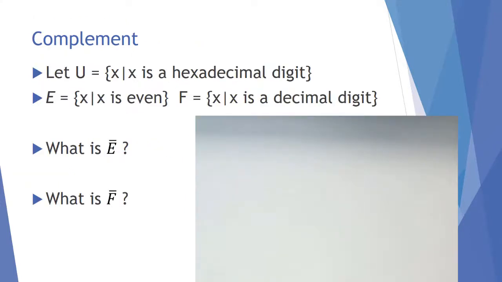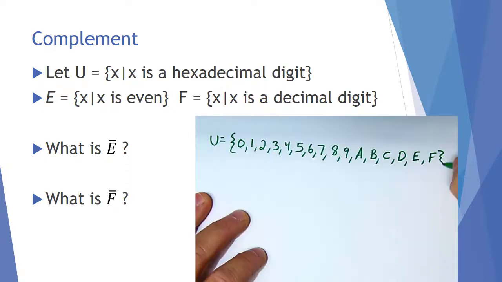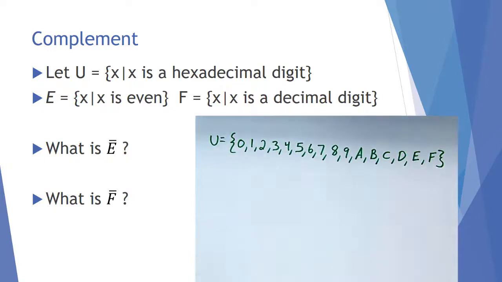Okay, let's look at another example. Let's suppose that the universe of elements are all values x such that x is a hexadecimal digit. That's going to be the numbers 0 through 9 and A through F. Okay, so we wouldn't have to list all the elements in the universe, but I'm going to do that.